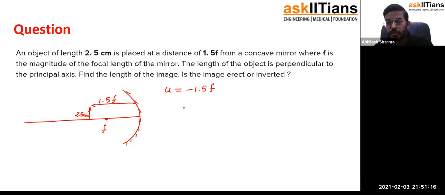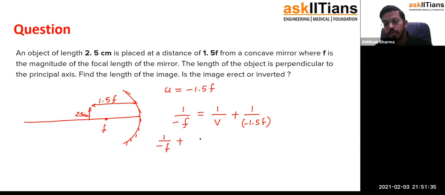They're asking us what the image height would be. So simply use the mirror formula. 1 by negative f, remember it's a concave mirror, equals 1 by v plus 1 by u. u is negative 1.5 f. So what answer is this going to give you? Negative 1 by f plus 2 by 3f equals 1 by v.